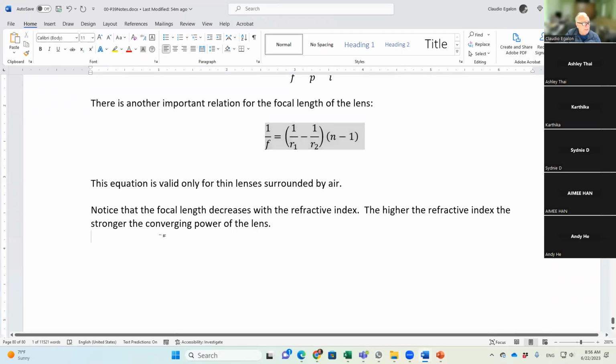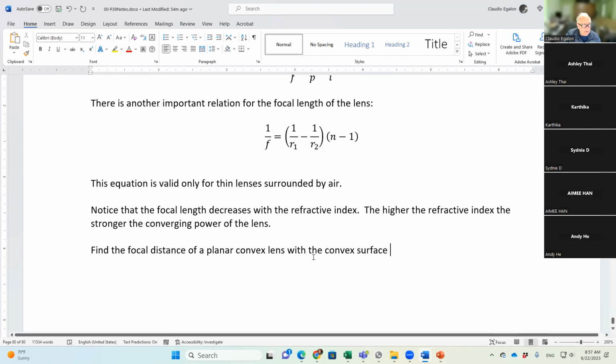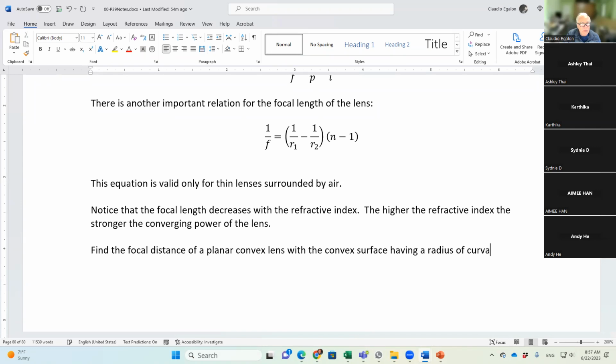Find the focal distance of a planar convex lens with the convex surface having a radius of curvature of 1 meter. Okay.